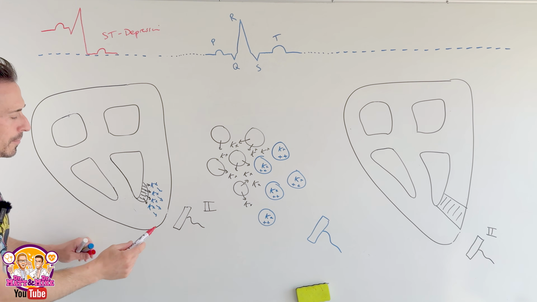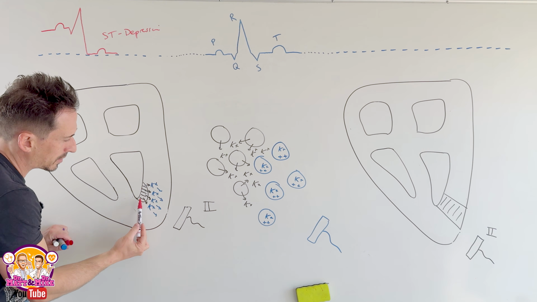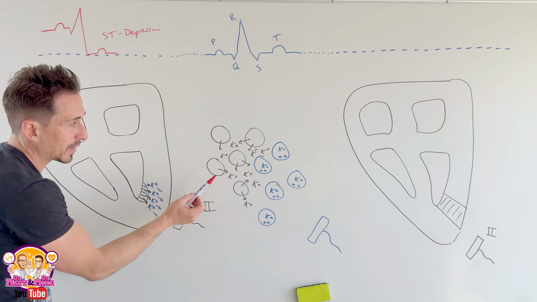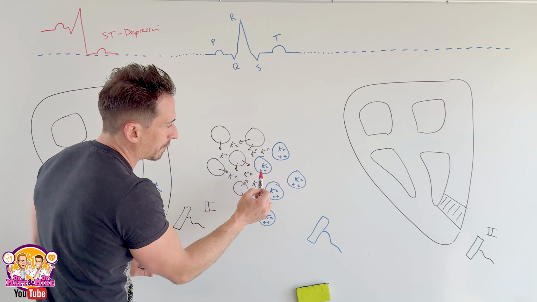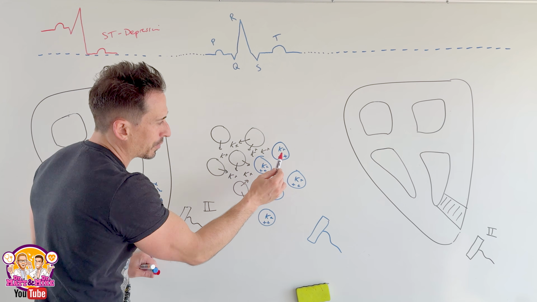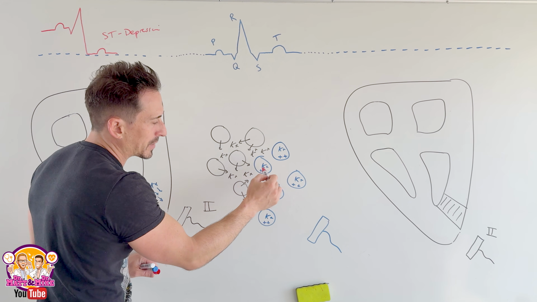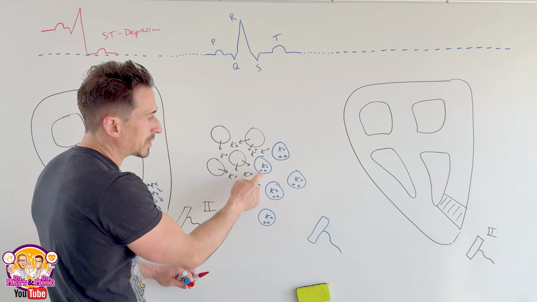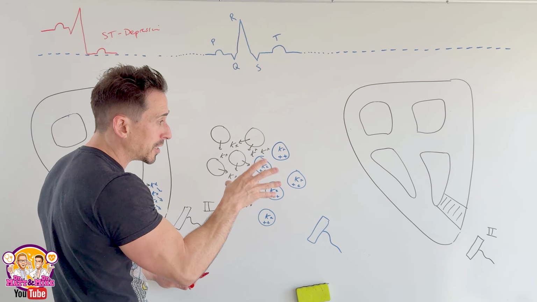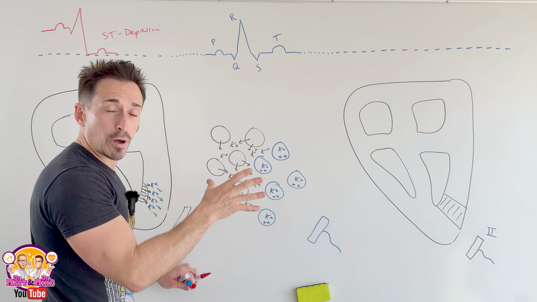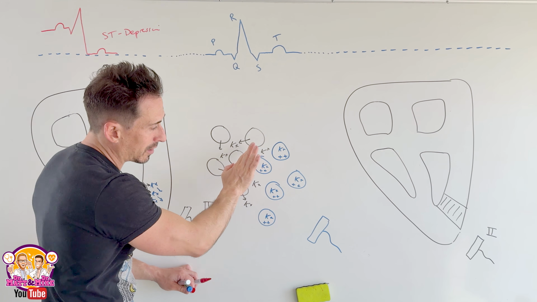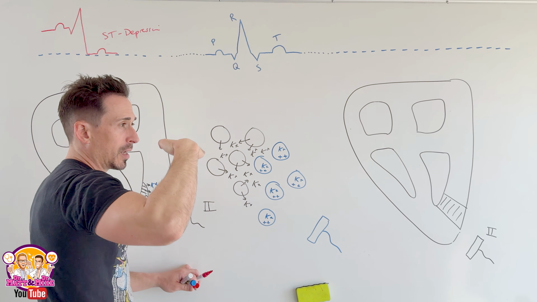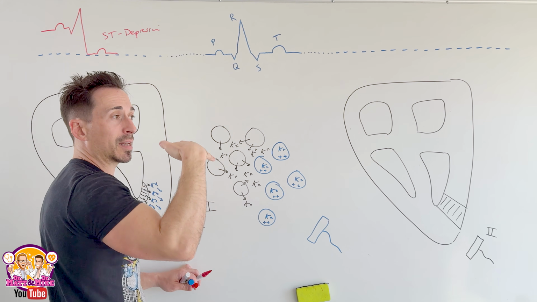I'll say again why. The dying cells release potassium, and the extracellular fluid is filled with potassium, and the healthy cells are less likely to let their potassium leave to have a resting membrane potential. But if the potassium stays in, they become too positive and they depolarize early. When depolarization happens in the direction of the lead, like it's happening here, the ECG trace picks that up as an elevation.